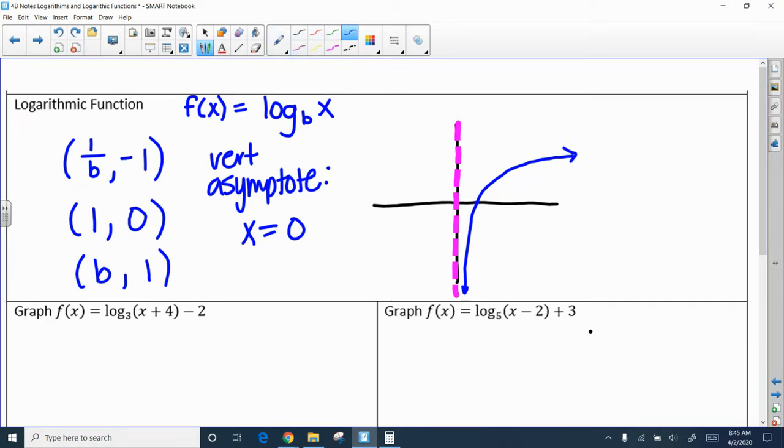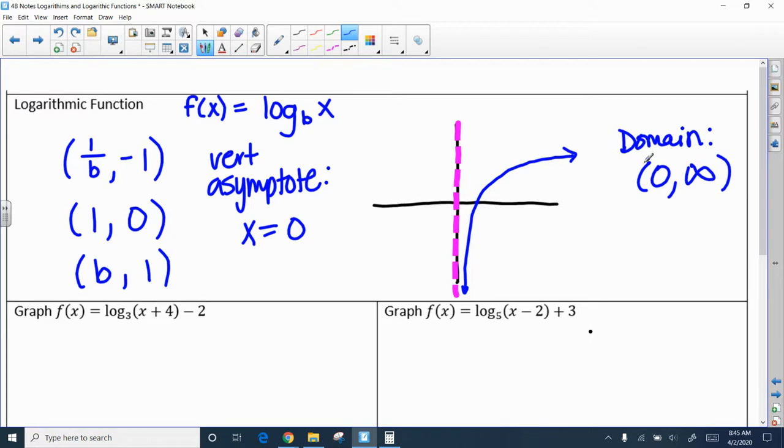Another thing to notice about this, let's talk about our domain and range. The domain here, we can't plug in anything we want for x. We can't plug in zeros or negatives. So our domain, the furthest left is 0, but it's never actually equal to 0.